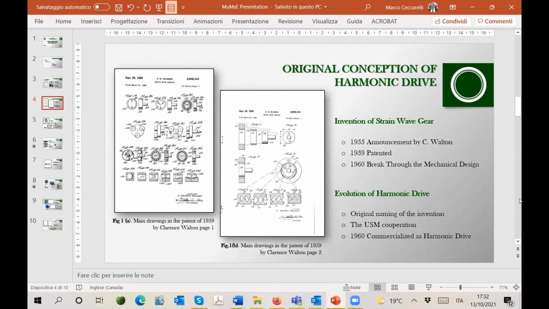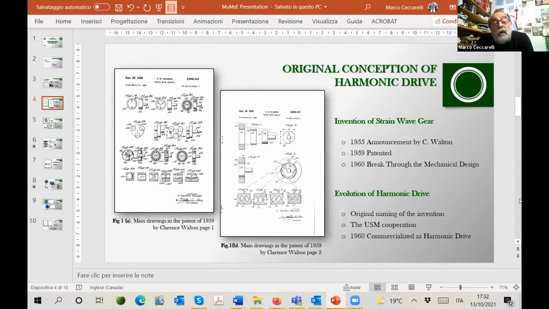As you may see in the second figure B, the engagement of the teeth progresses by deformation of the flexible ring against the rigid ring with internal gear shape. This concept gave the possibility of a very high transmission ratio.